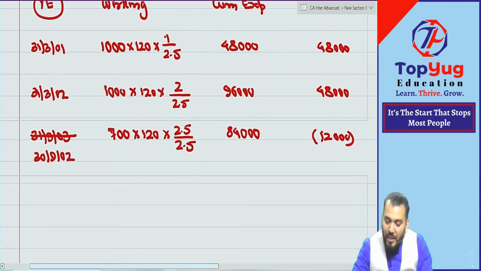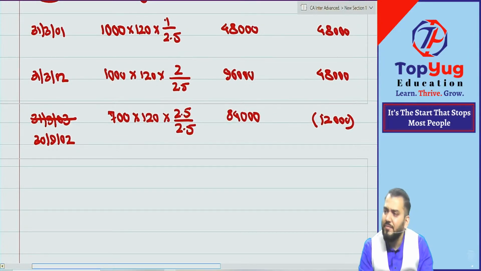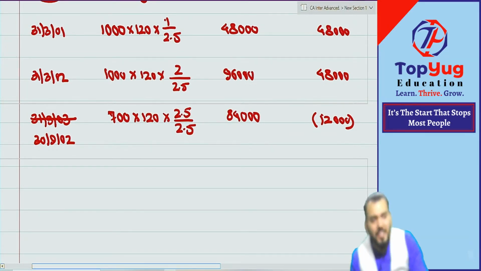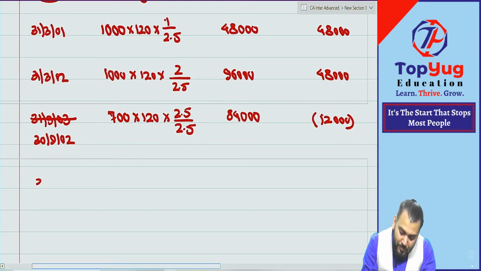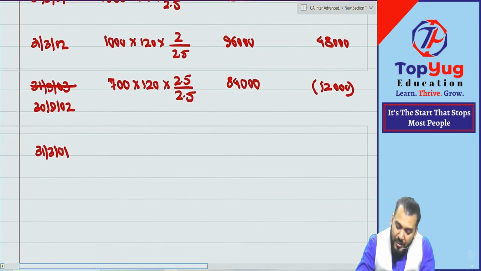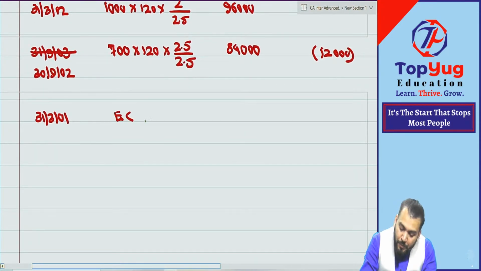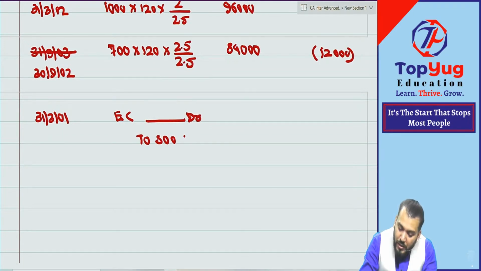Now, coming to the journal entry. First year's journal entry is done: employee benefit expense, employee compensation to stock option outstanding account. Second year also done. What will be the journal entry for the third year? First journal entry is what? Employee compensation to stock option outstanding account. How much? 48,000.